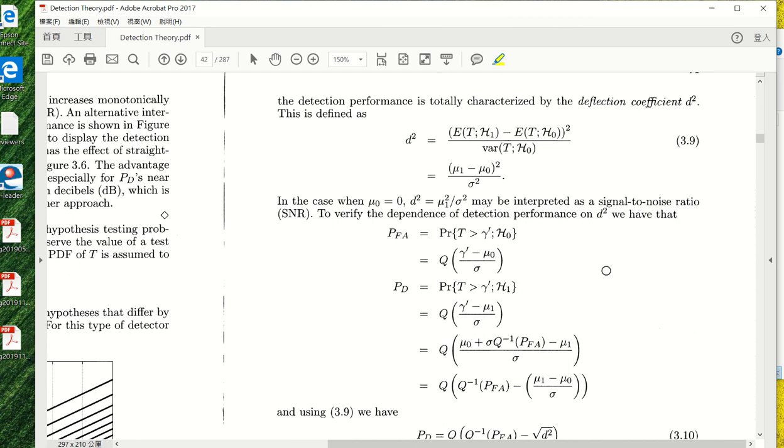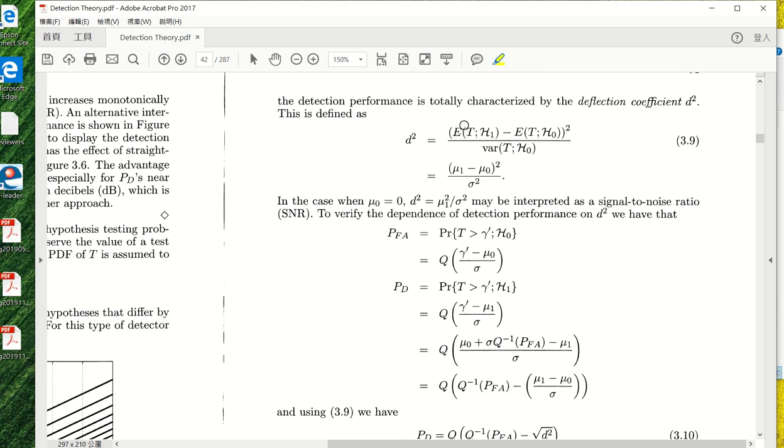Okay. So the detection performance of this mean shifted problem is totally characterized by the deflection coefficient d squared and defined this way.